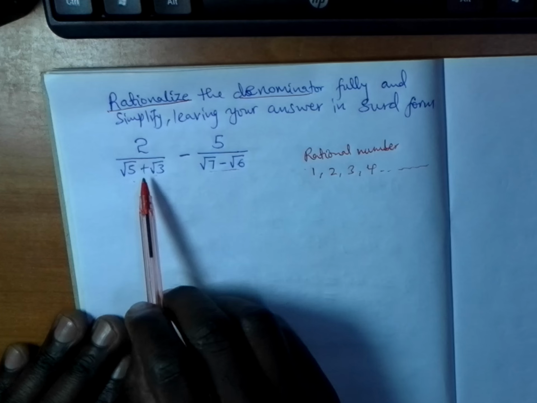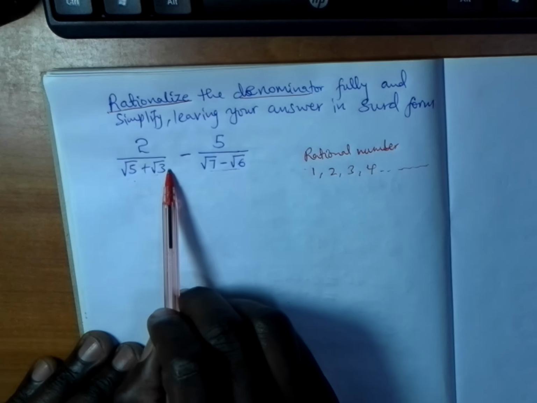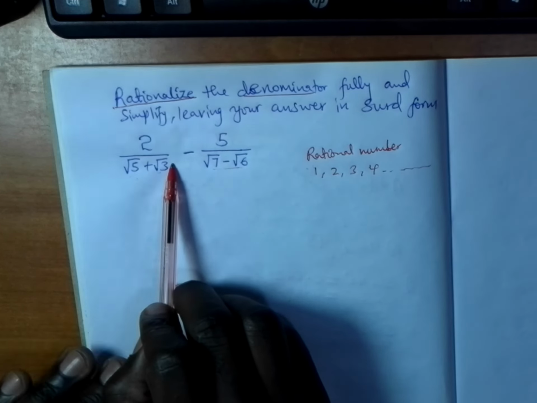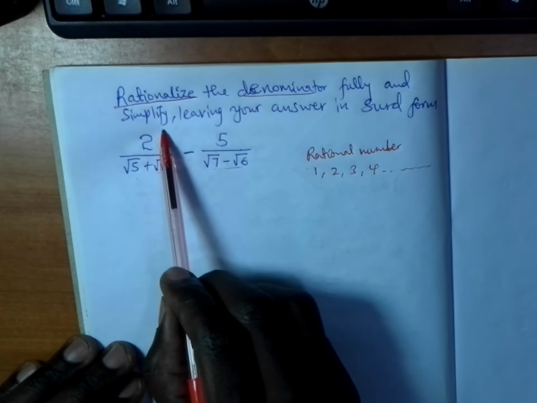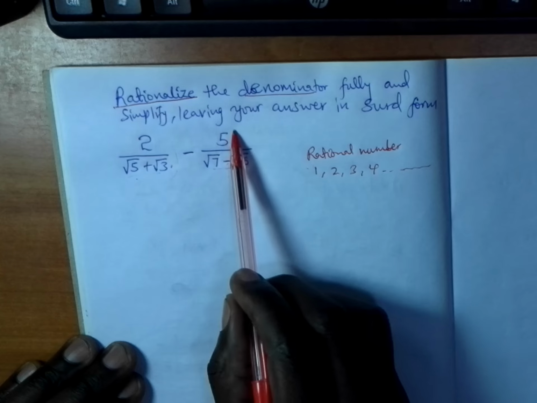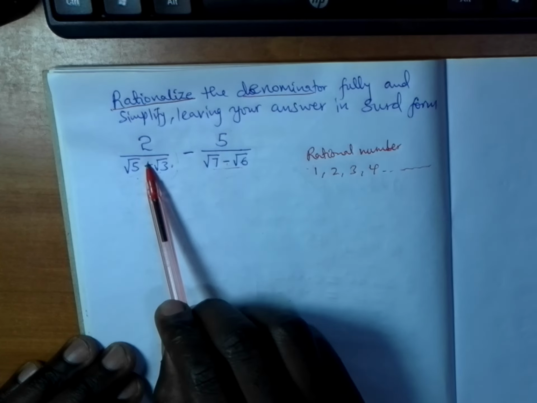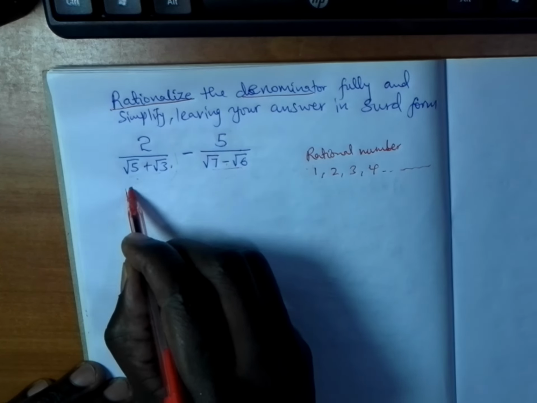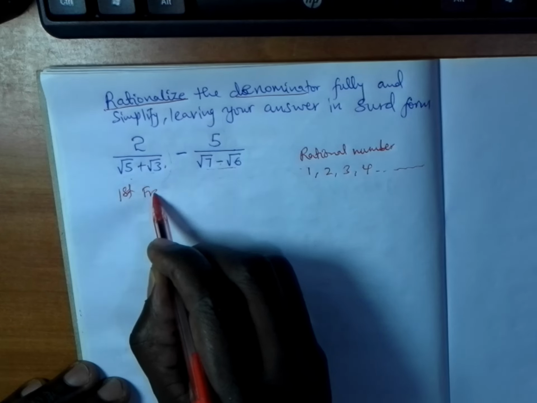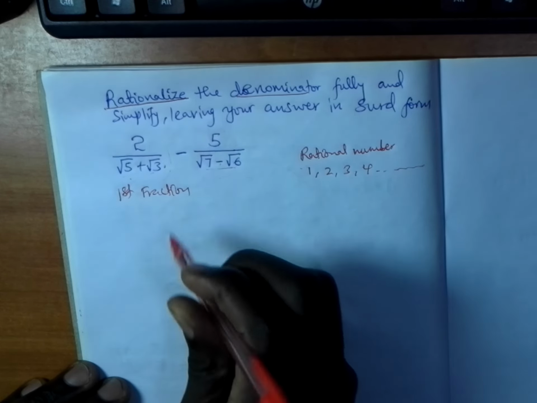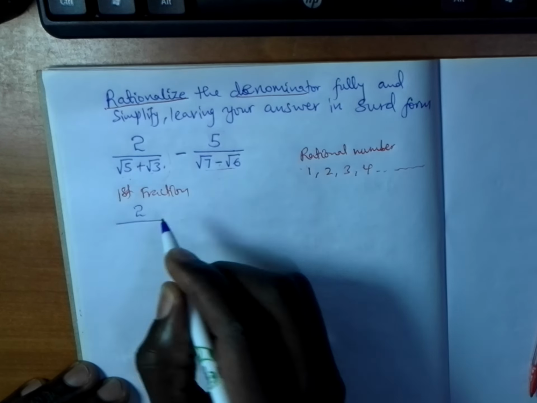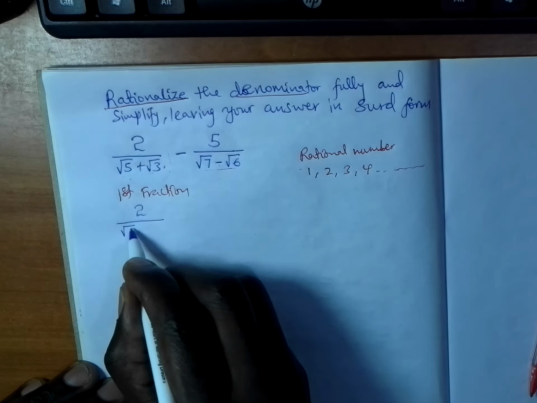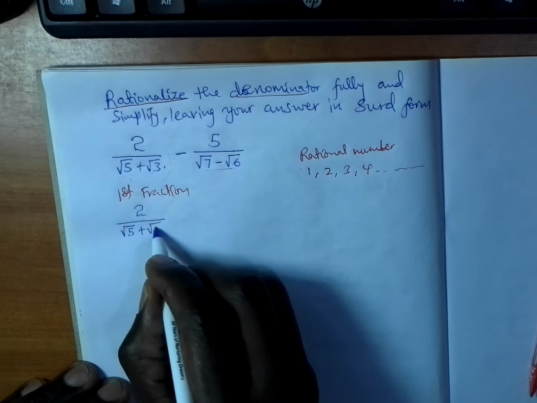And therefore, from this problem you have been given, we have the first fraction and we have the second fraction. So I'm going to start with the first fraction, which is 2 over root 5 plus root 3.